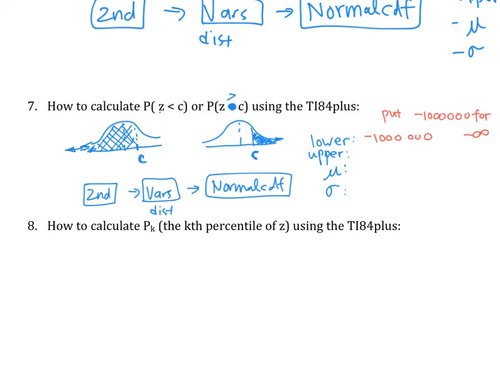Or if it's going in the positive direction forever, to positive infinity, I'm going to put some big number like positive a million for positive infinity. Either put that or that, depending on the situation. And the mean and sigma are whatever is given to us.